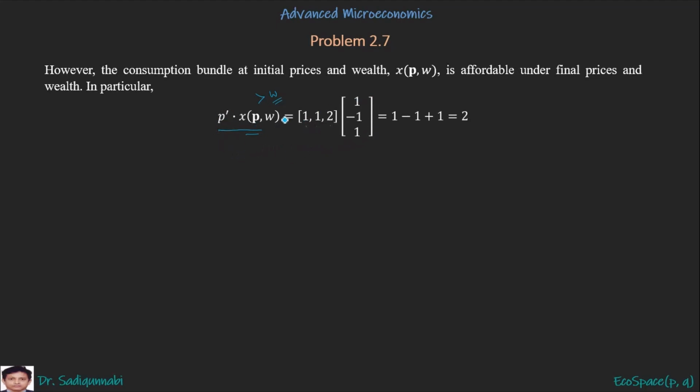So if we multiply this, 1 times 1 is 1, 1 times minus 1 is minus 1, 1 times 2 is 2. So the 1 cancels out, it is 2.